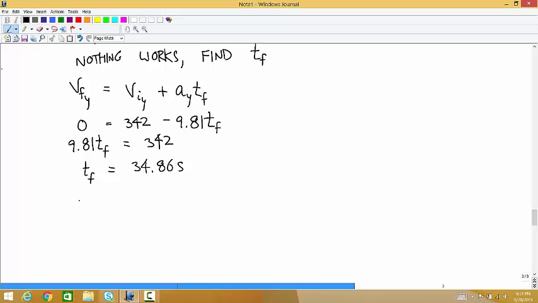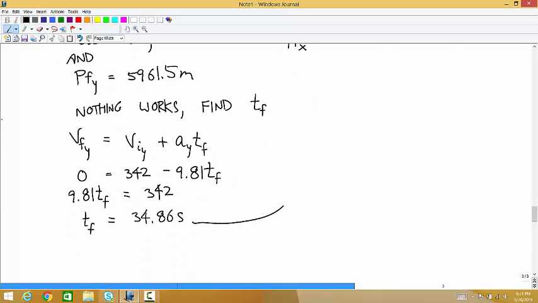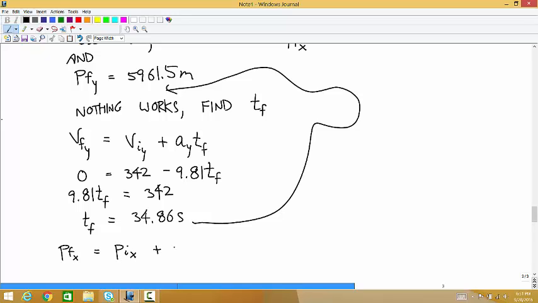So now we can use, now we also know this. And so we can use PFX is equal to PIX plus VIX TF plus 1/2 AX TF squared.